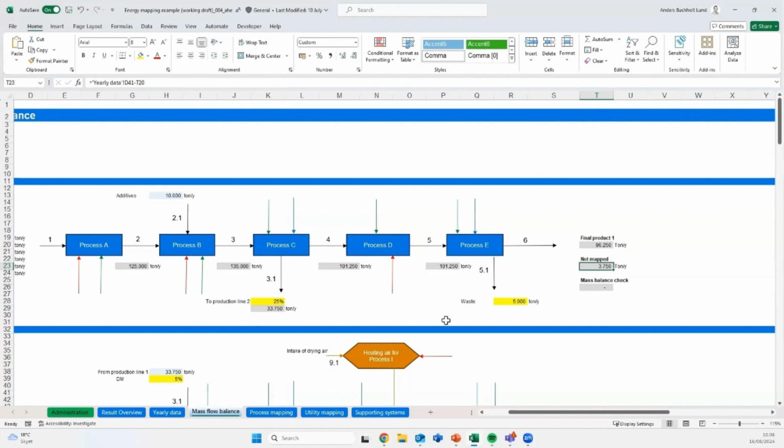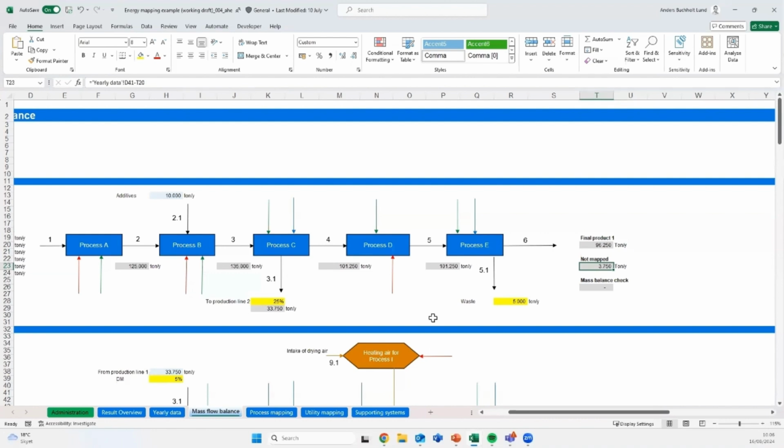Is this okay to have this amount of mass that we can actually not relate to? And when we approach the company, and if it's of a certain size, this mass that we cannot account for, then suddenly it will emerge that, okay, it's because we have not included a mass stream going out. And then we can include it, and then we can improve the energy mapping even further.